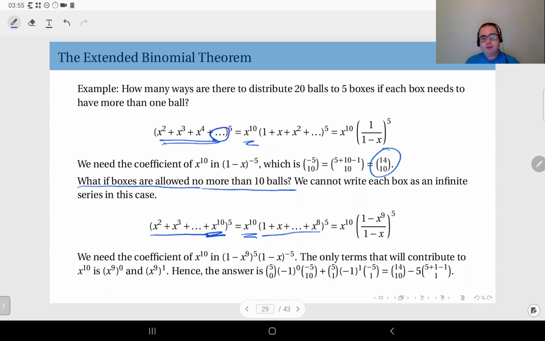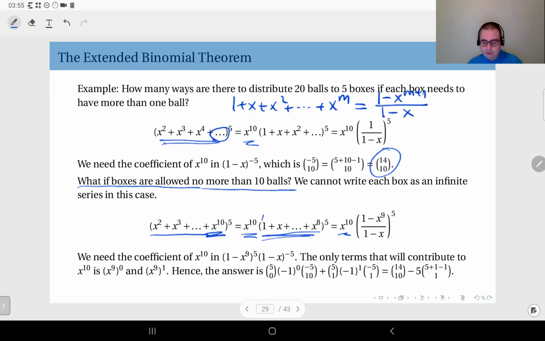Now, again, if you have a computing tool, you can expand this expression and obtain the result. But let's see how we can do this in an analytical way. So this is x to power 10. And this here, 1 plus x plus ... plus x to power m, is equal to (1 minus x to power m plus 1) divided by (1 minus x).